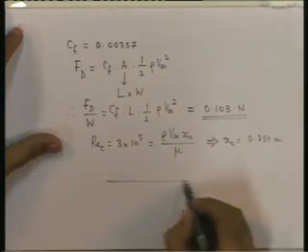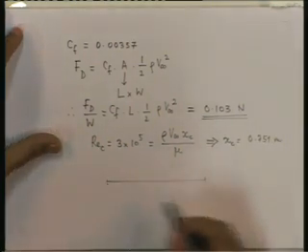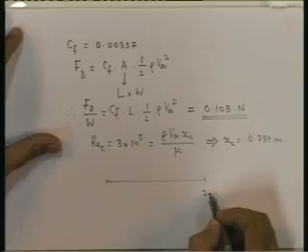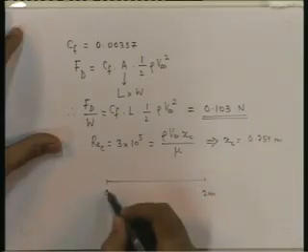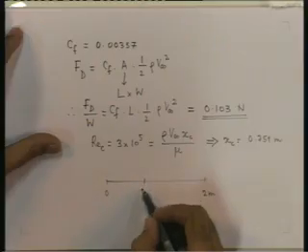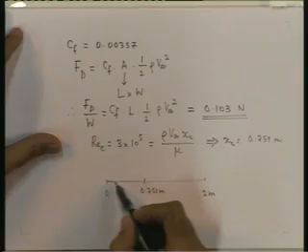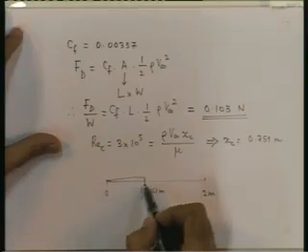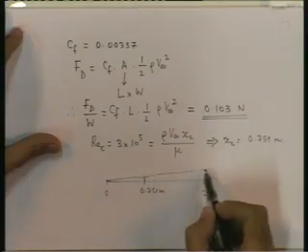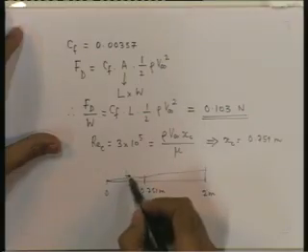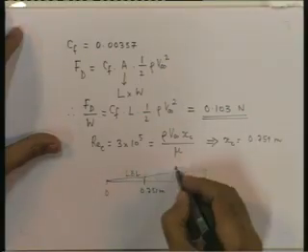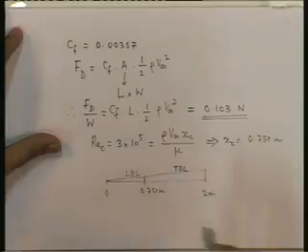That means if this is the plate, a total distance of 2 meters from the leading edge, up to 0.75 meters the boundary layer is laminar, and beyond that the boundary layer is turbulent. So this is laminar boundary layer and this is turbulent boundary layer.